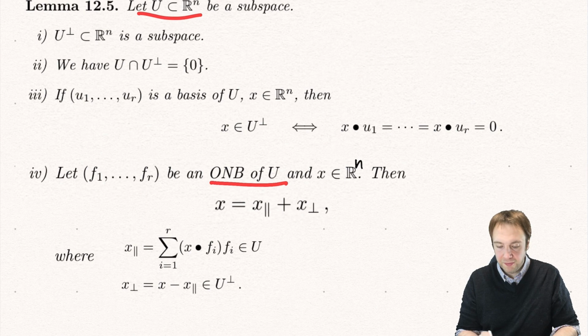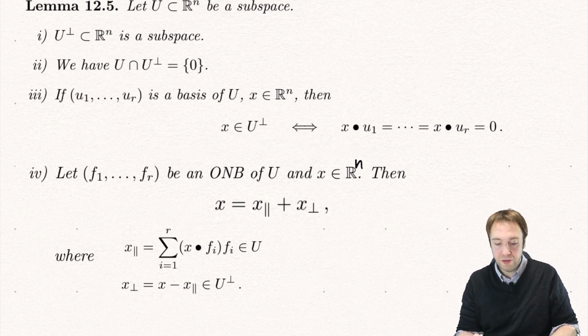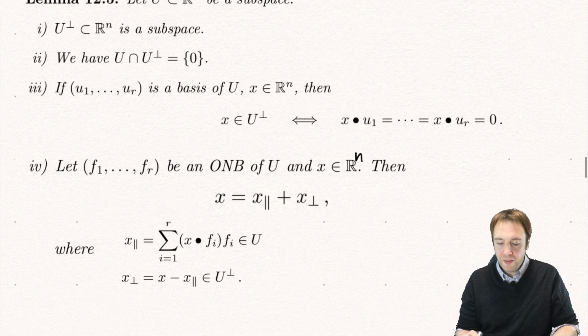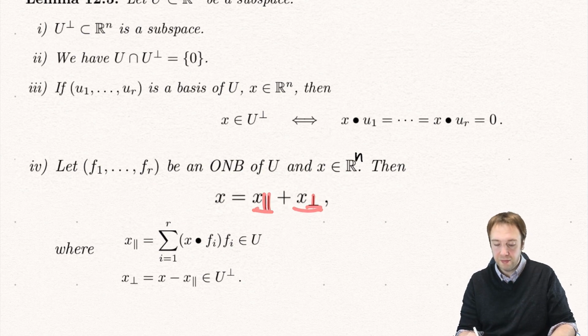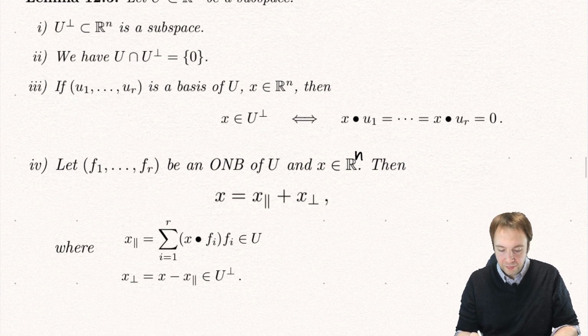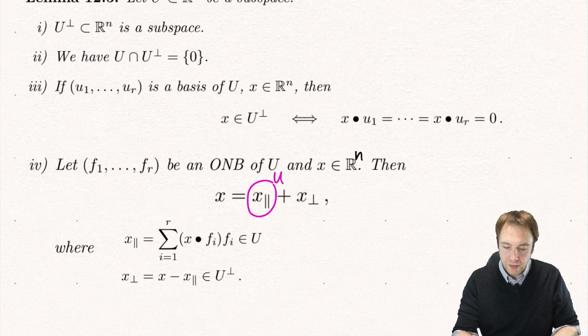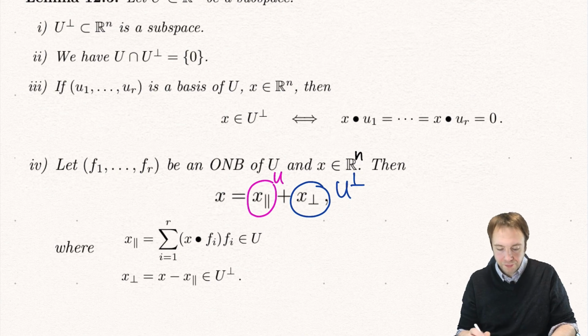If I have a subspace in Rn and I have an orthonormal basis, and now I take any element X in Rn, so it doesn't need to be in U, it can be any element, then I can write this X as a sum of two elements, X parallel and X orthogonal or X perpendicular, where this parallel element here is an element in U. So this here is in U, and this here is in the orthogonal complement of U.